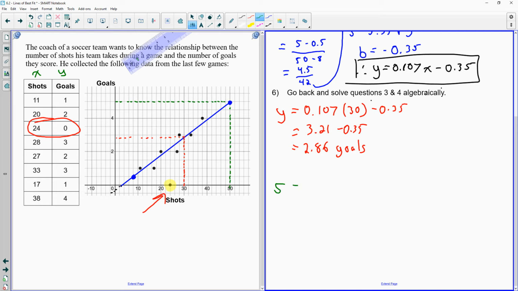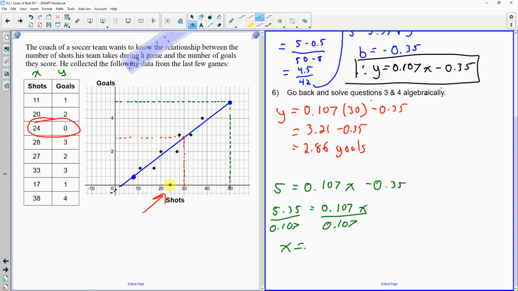So 5 is equal to 0.107 times x minus 0.35. Now I'm going to solve for x. So first I'll add 0.35 to both sides. So 5.35 is equal to 0.107x. And then I'm going to divide both sides by that 0.107.